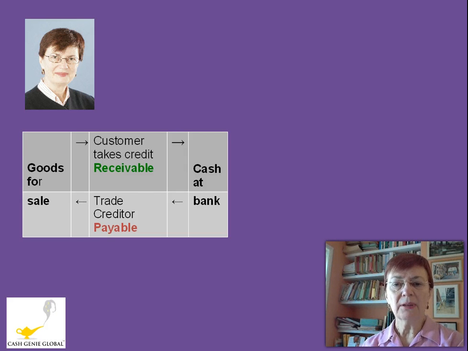Now, when you pay out your cash, this is shown as an arrow moving from the right-hand side as you pay your suppliers, and that's shown in the center column in the red. This means that your suppliers will continue to send you the goods you need to sell because you've paid them on time. International accounting has decided to use the term payable rather than the older term creditor.